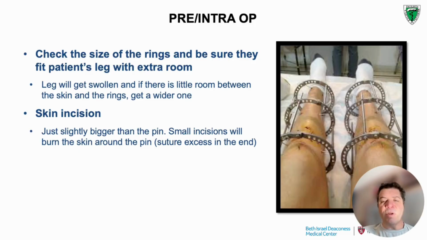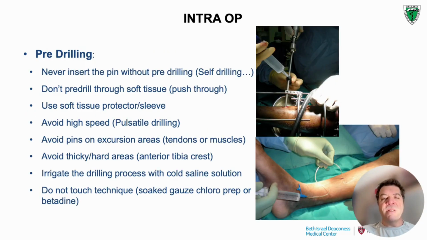And if you have to do one stitch after the pin is done, that's not a big deal. You'd rather have a longer skin incision around the pins than thermal injury with necrosis of the skin 2-3 weeks after the frame insertion, which would cause you more problems in the future than a slightly longer incision around the pins.